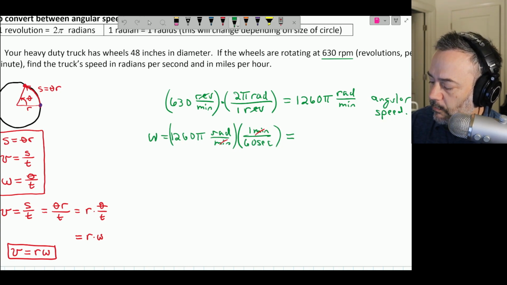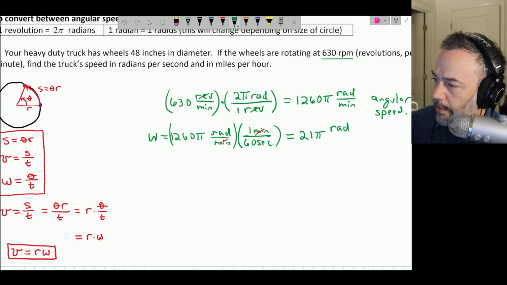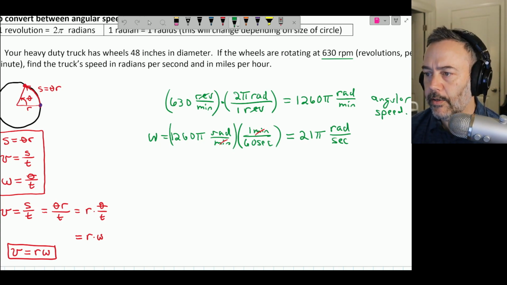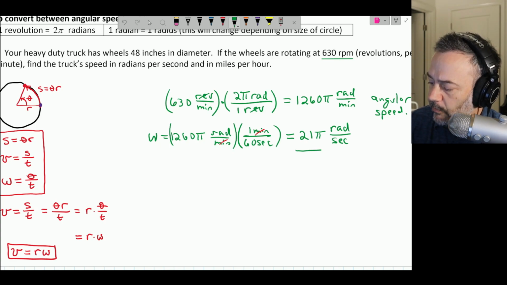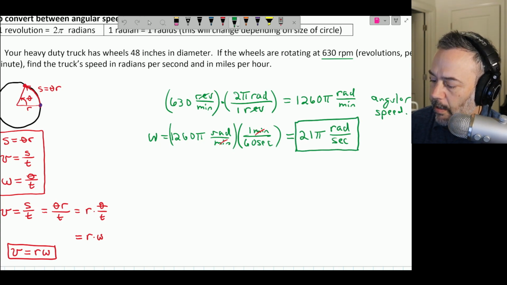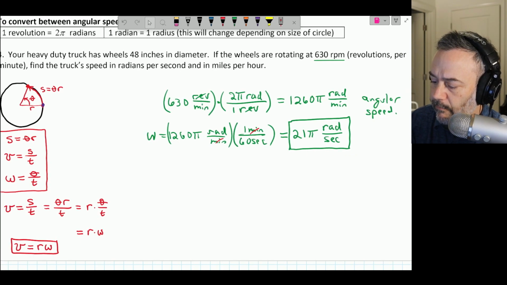I did this calculation ahead of time. If you reduce that, you're going to get 21 pi radians per second. Okay, so we have found the truck's speed in radians per second.